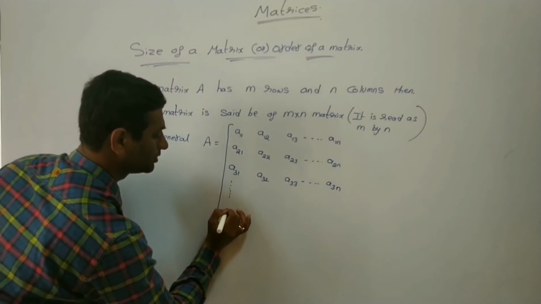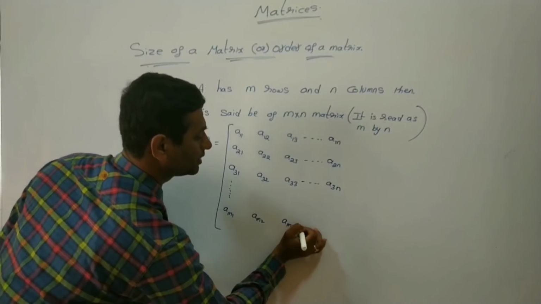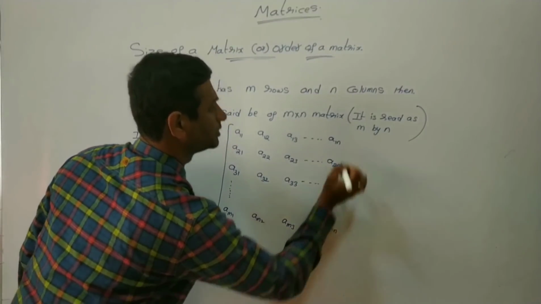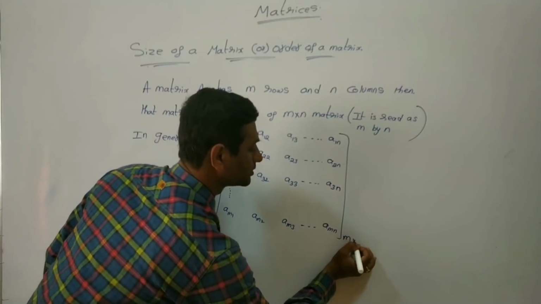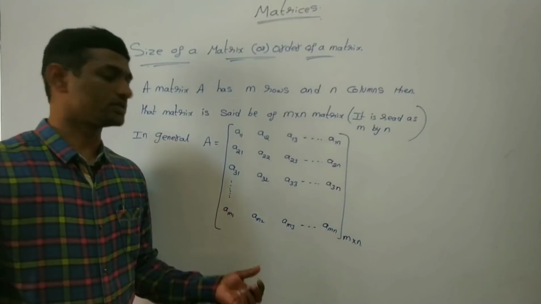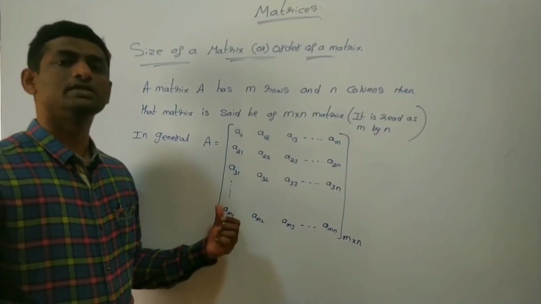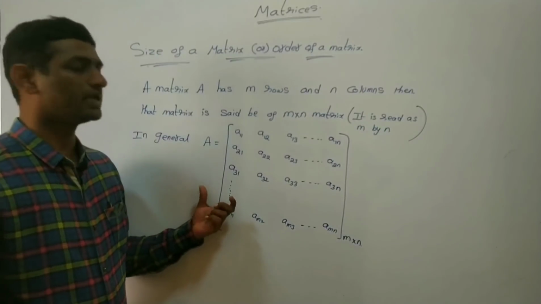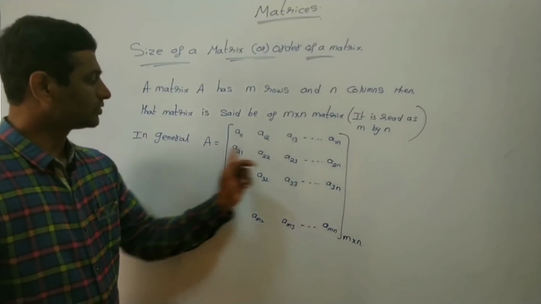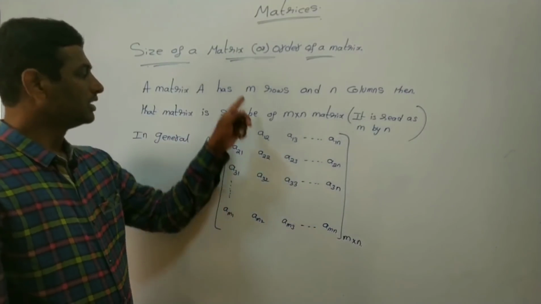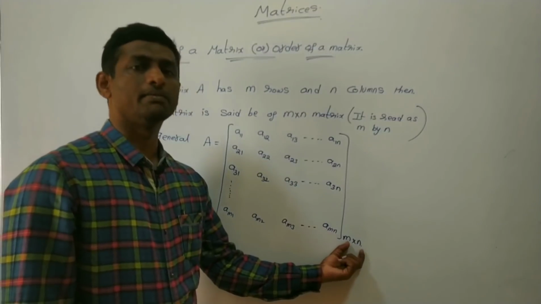Like this we can have Am1, Am2, Am3, and so on up to Amn. So it is a matrix of size m by n. So it is a rectangular matrix because the length and breadth are different. If the length and breadth are different, then it is said to be a rectangle. So that's why it's a rectangular matrix consisting of m rows, first row, second row, third row, mth row, and first column, second column, third column, and the nth column. So it is of size m by n.